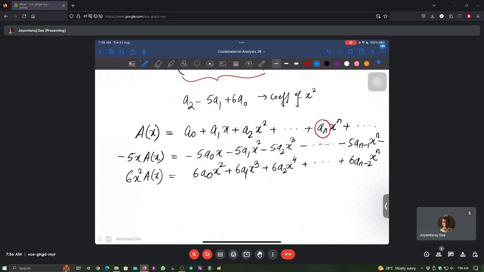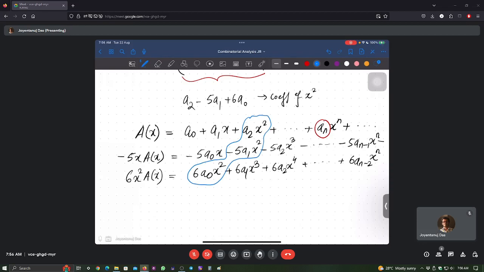So if we add them together, we have a0. Okay, I think I understood. What you're saying is the common term in every expression starts from x squared, because this is the term that will first combine.